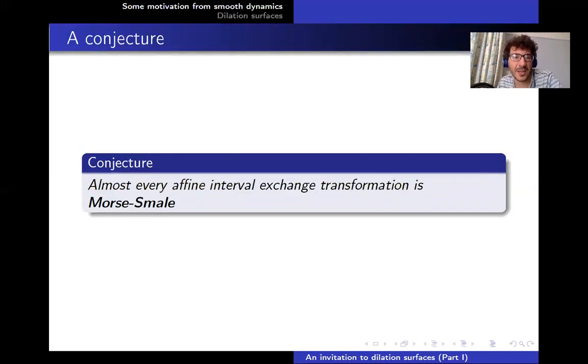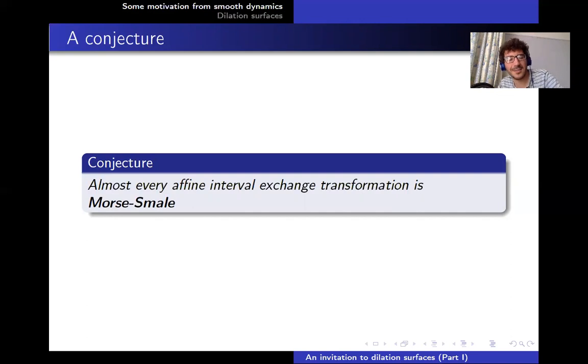One of the main conjectures that I think one can isolate in this field is that we should expect that almost every affine interval exchange transformation is Morse-Smale. An affine interval exchange transformation is just a piecewise affine bijection of the interval, in contrast with the circle diffeomorphism case.